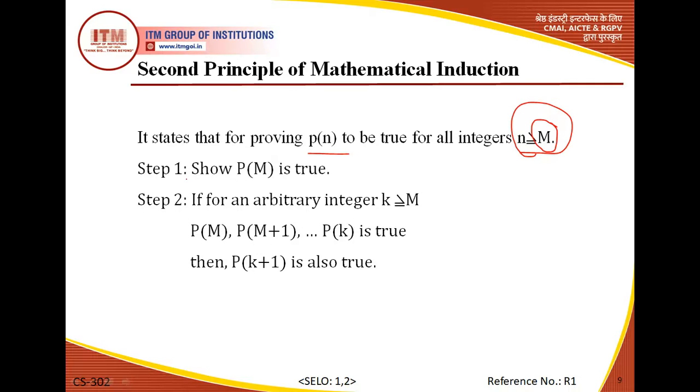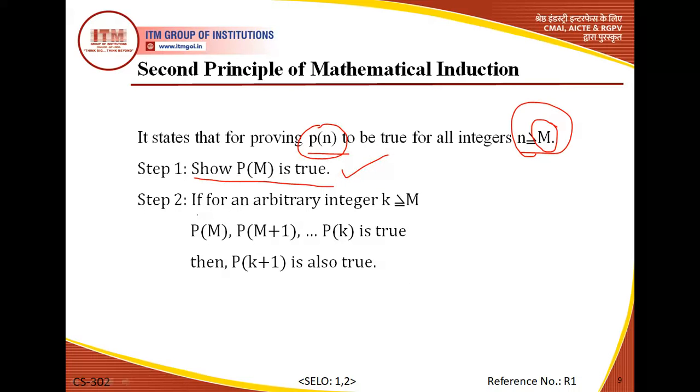Then what you have to do? Then we have two steps. The first step is to show Pm to be true, which means if you put m instead of n in your result, the result would be true. So this we would check and show.